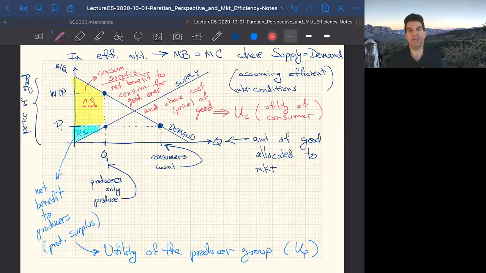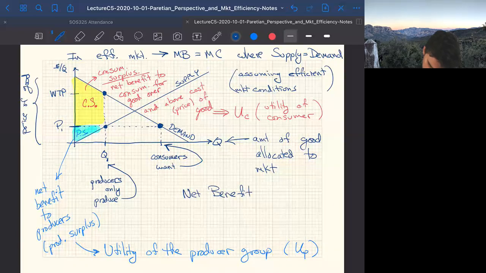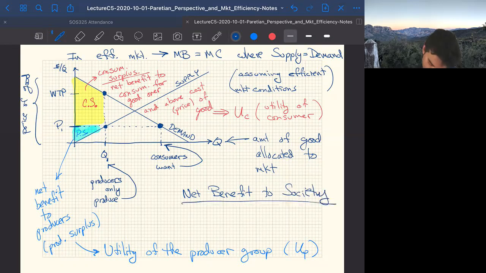And so the net benefit to society of this particular price level is the consumer surplus plus the producer surplus, which is the area of that trapezoid looking thing.